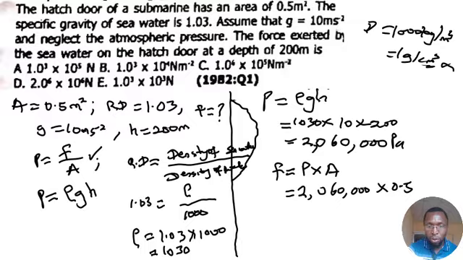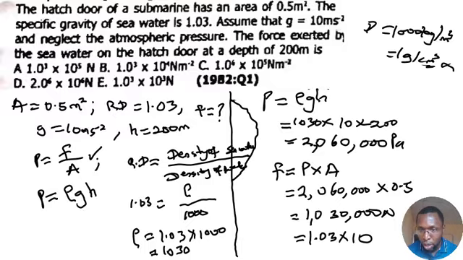So going back to our result from the calculator, 2,060,000 times 0.5, we'll be having 1,030,000 Newton. And if you're going to express it in standard form, you'll be having 1.03 times 10 raised to power 6 Newton.